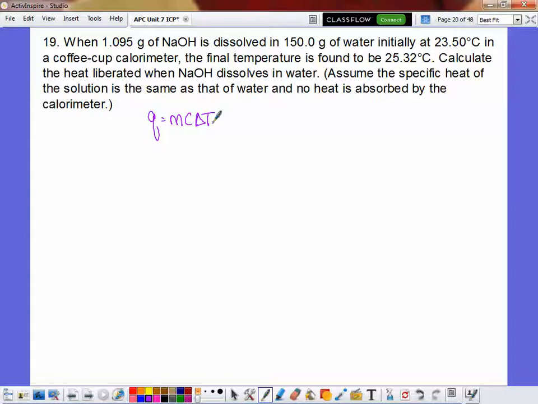The lab handout has the calculation formulas for that. For this problem alone, we're going to assume the calorimeter doesn't lose any heat. So, Q equals MCAT. What is M in this problem?